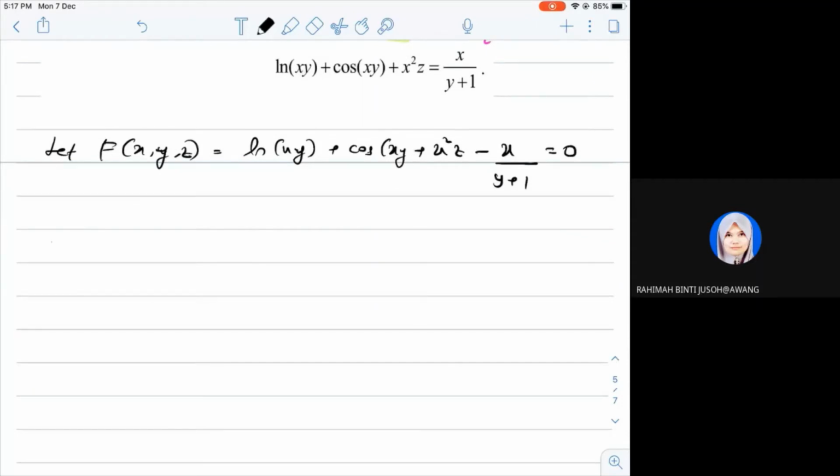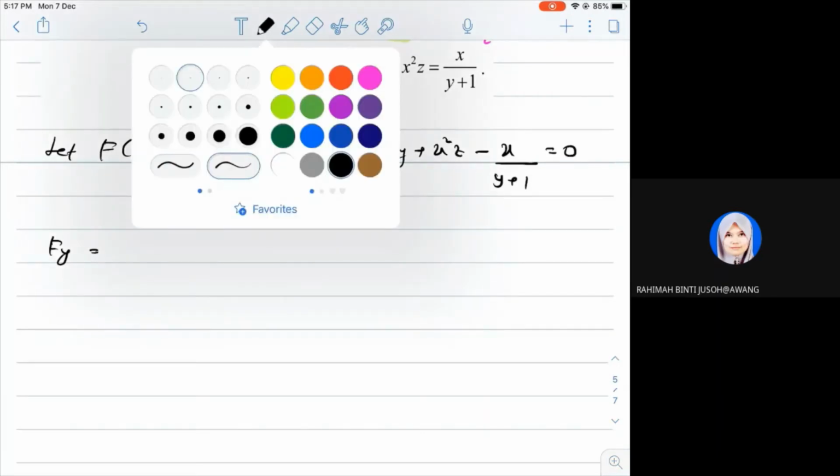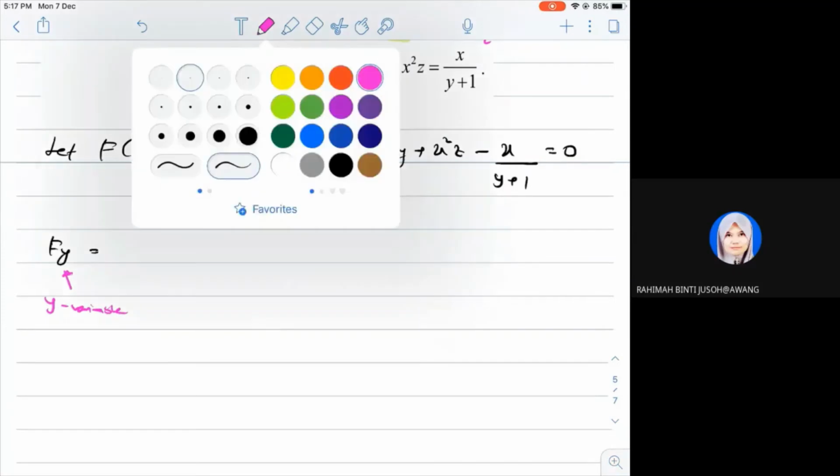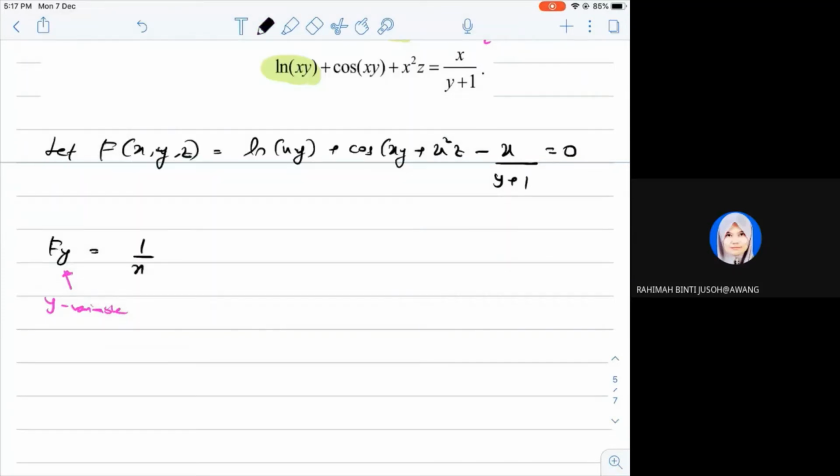Next, we need to find fy. Find fy, so of course y is the variable. So now ln xy, 1 over xy. So we will have 1 over xy multiplied by, what's the constant now? Oh, x. x, the constant. So multiply by x.